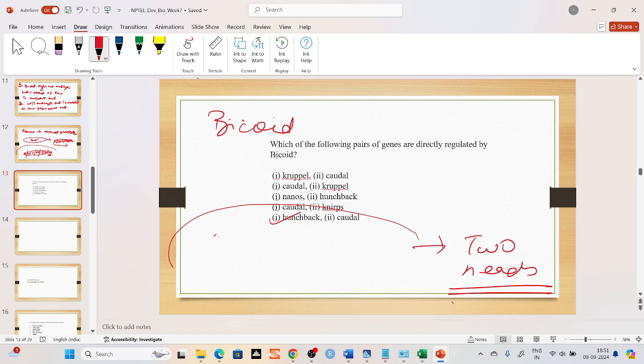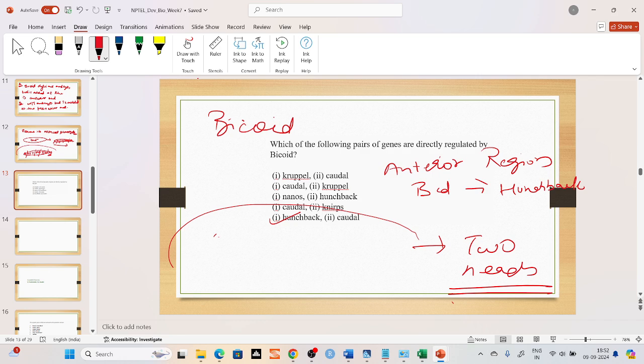So bicoid activates the transcription of hunchback in the anterior region of the embryo, whereas in the anterior region of the embryo, bicoid represses the translation of caudal protein.